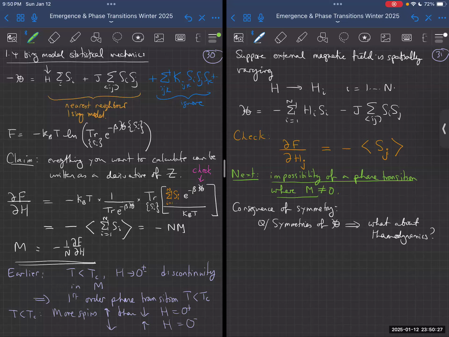That's the question. So let's have a look at what the symmetries of the Hamiltonian actually are. If I write the Hamiltonian in the usual way, I'm going to just now use the spatially uniform version.